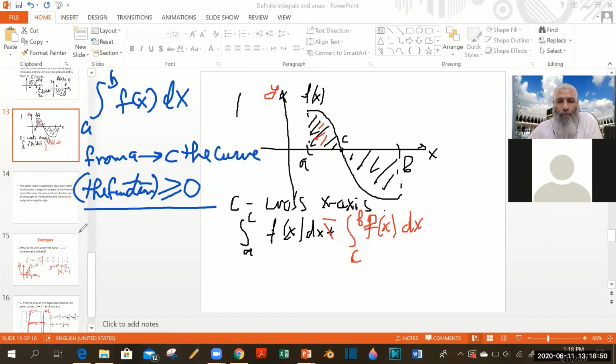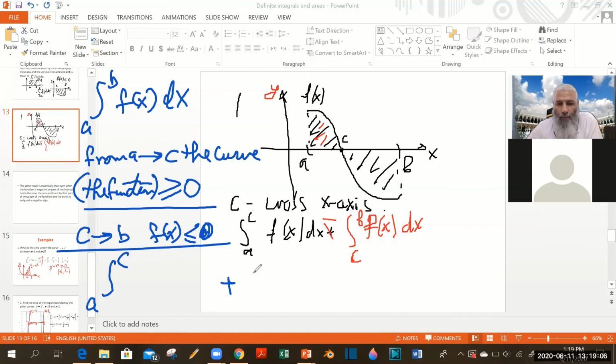Then from C to B, the function is less than or equal to 0. Okay? So what to do? She divided the area from A to C, then plus from C to B. Okay, from A to C, f of x dx.